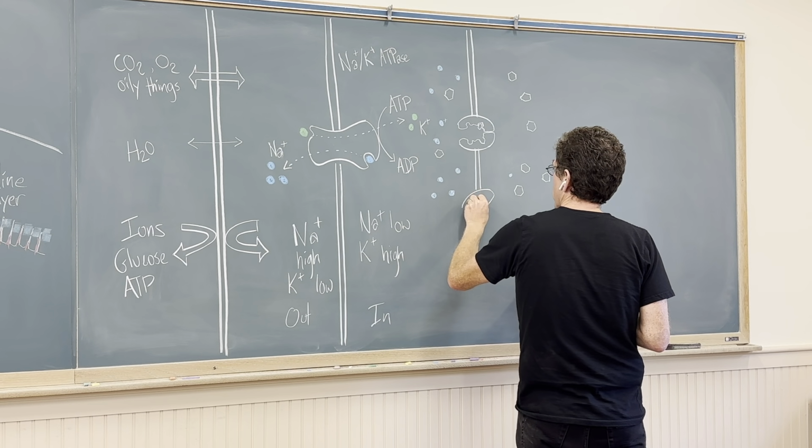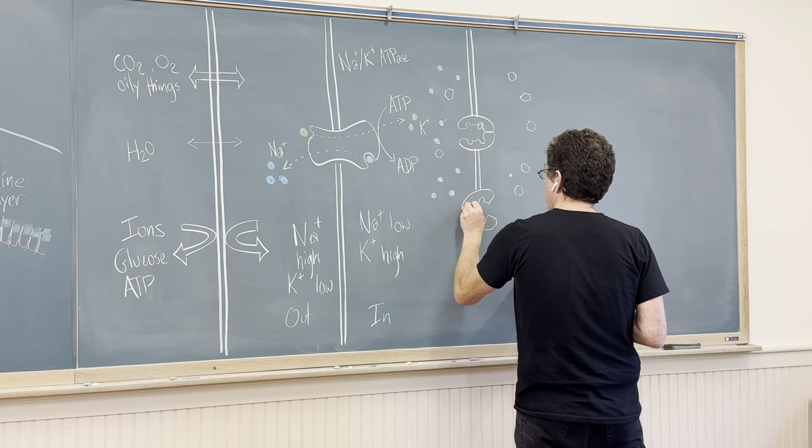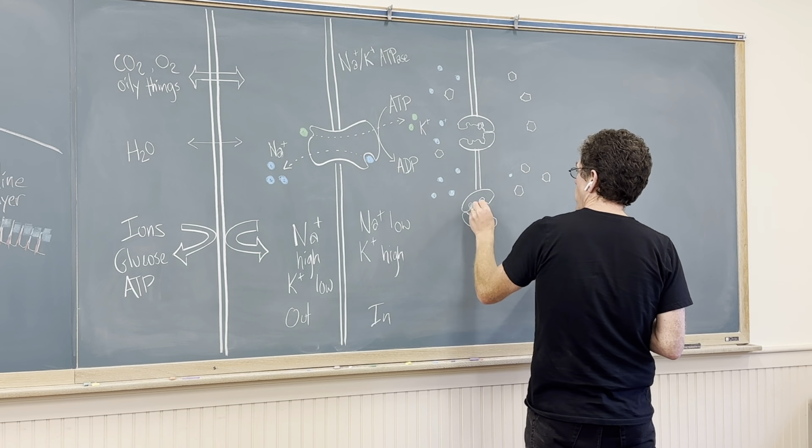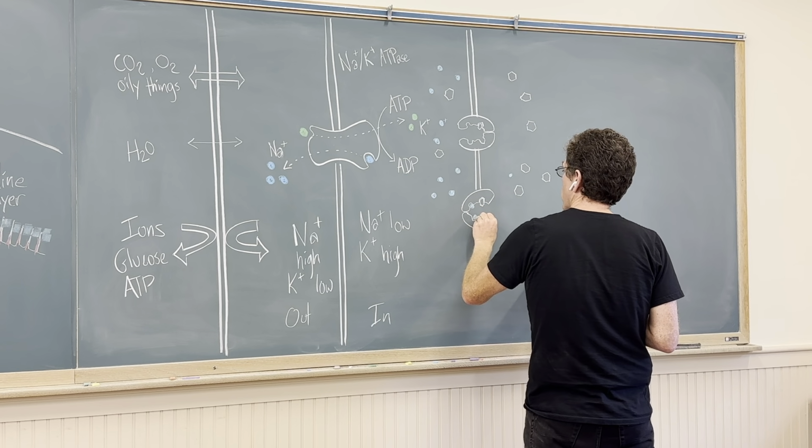The idea is that if it binds the right combination of things, it binds sodium and sugar molecules together, it'll change conformation, dumping sugars into the cytoplasm at the cost of transporting a few sodium ions in there as well.